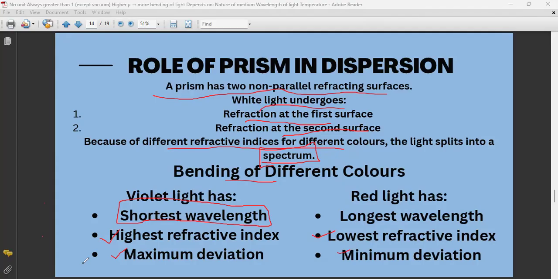The smaller the deviation, the lower the refractive index. Here we can see that violet has the shortest wavelength and red light has the longest wavelength, in the order which we see in VIBGYOR.